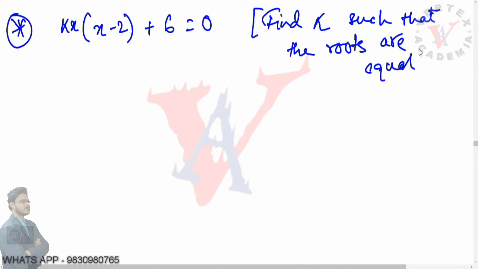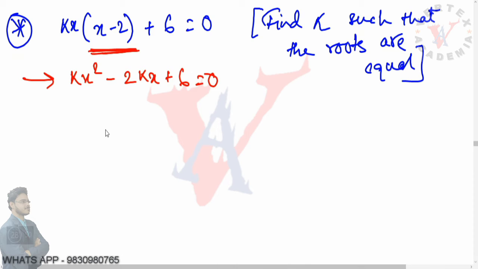Okay, so let us simplify this. So this is kx square minus 2kx plus 6 equals 0. So here a is k in this quadratic equation, b is minus 2k and c is 6.